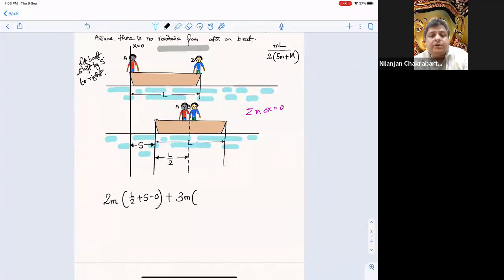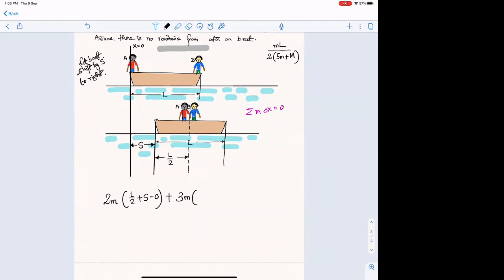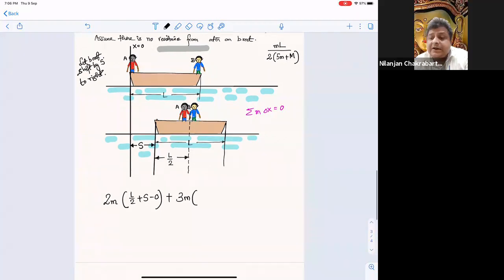Sir, it came from L to L by 2. Not L, the coordinate. See, I have drawn the coordinate system here: this is x equal to 0, this is x equal to 0. With respect to that, what is the final coordinate of this person B with the blue shirt? What is the final coordinate?